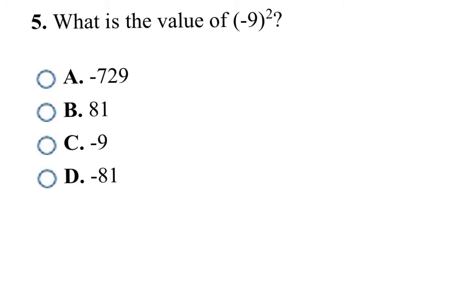Now I'm taking a negative number and raising it to an even power. So according to our notes, that's going to be a positive answer. And once again, just knowing that, there's only one answer that's positive. So that's probably going to be my answer, but we always want to check it to make sure that there's not something crazy going on. So here, because this negative is inside of the parentheses, it's telling me I'm going to take negative 9 and multiply it twice.